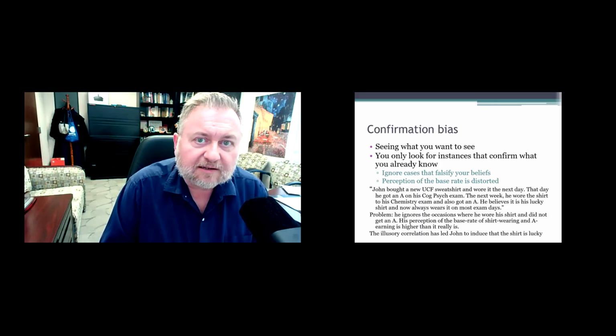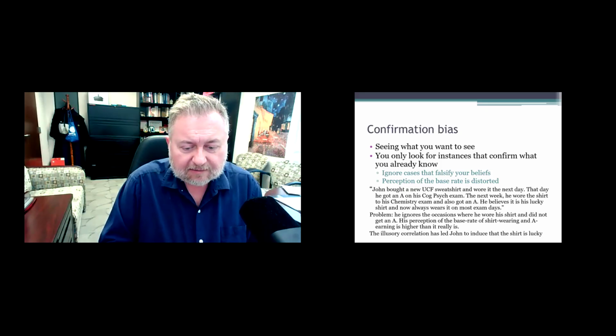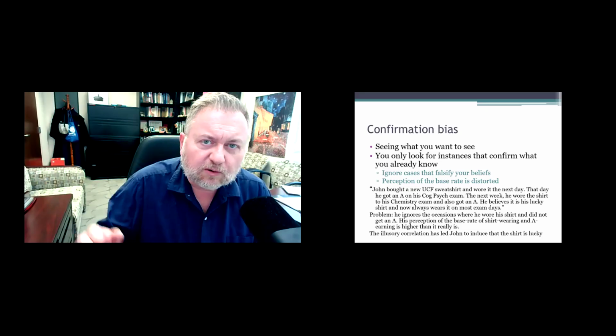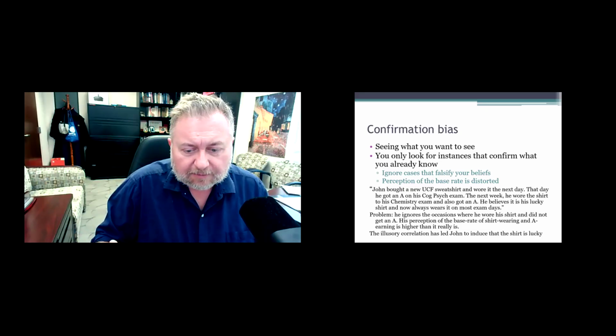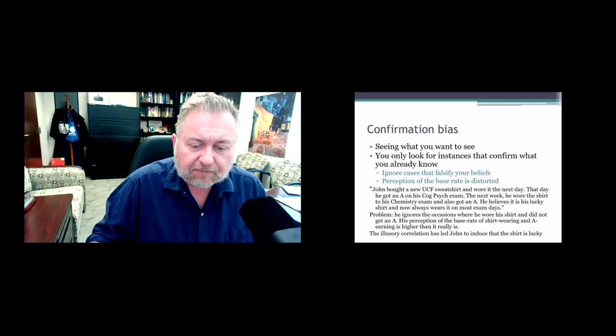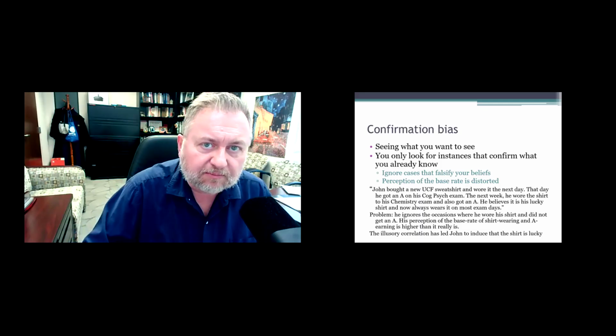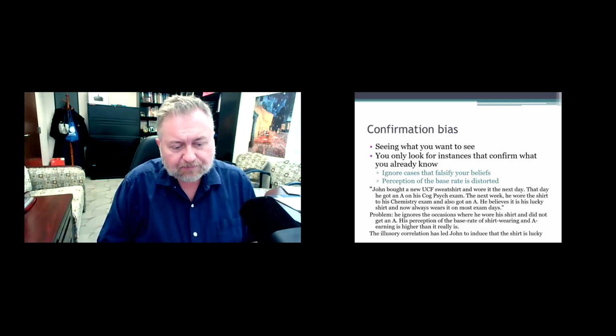But more likely is the case that it doesn't correlate at all, right? And the more often he wears the shirt, that correlation will decrease. That's a sample size effect, right? But as that correlation decreases, he doesn't change his belief because the confirmation bias is keeping it up there, right?